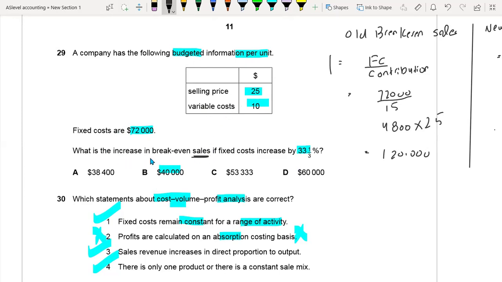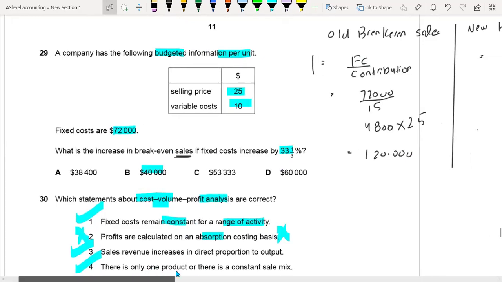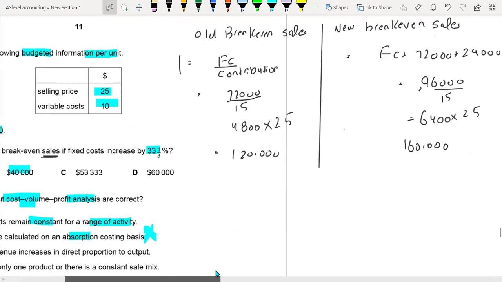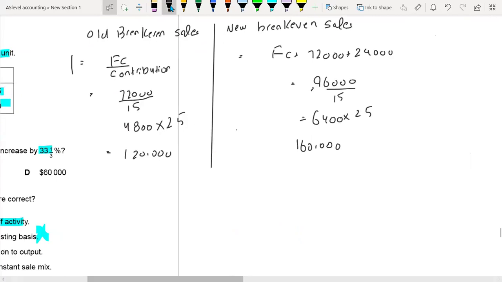We have to find the increase in break-even sales if fixed cost has increased by 33.33%. So first we have to find the old break-even sales, and after that we will find the latest break-even sales. The formula is the same.